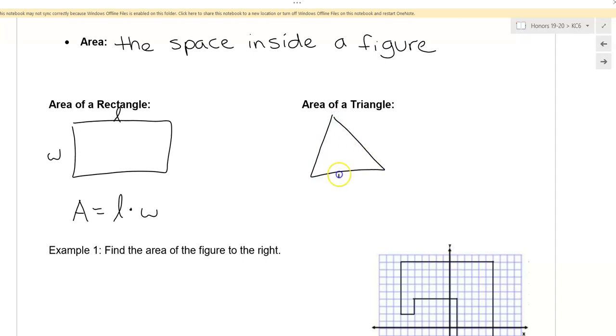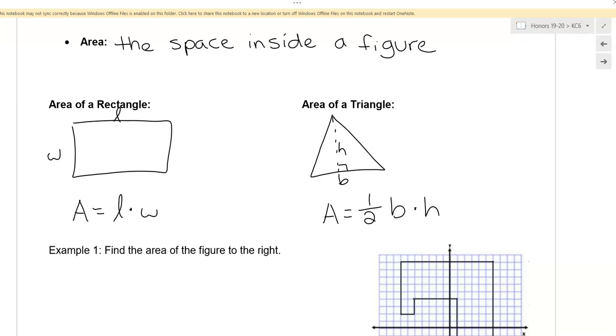Here, it's base times height, as long as the base and the height meet at a right angle. So area equals 1/2 base times height. The base and the height have to meet at a right angle, and with our coordinates, we'll talk about what that means.